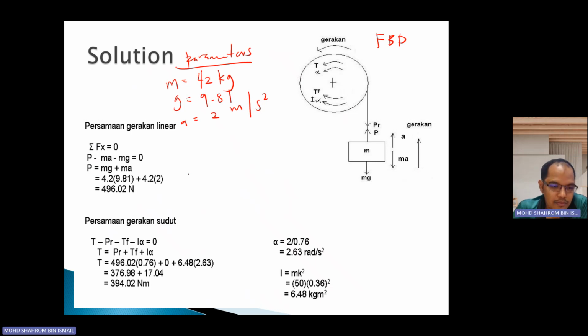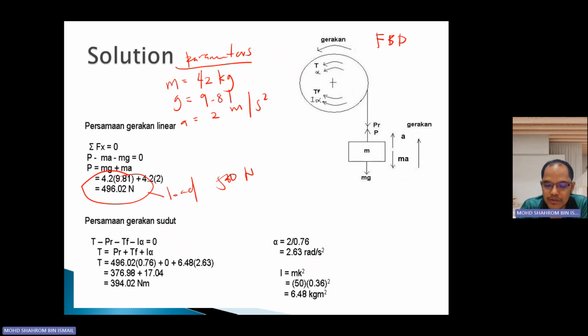In order to solve it, you just insert all the variable values into the equation, then you get the answer, which for this case the load is about 500 newtons.